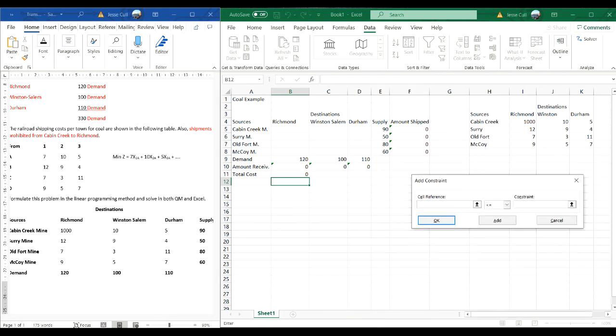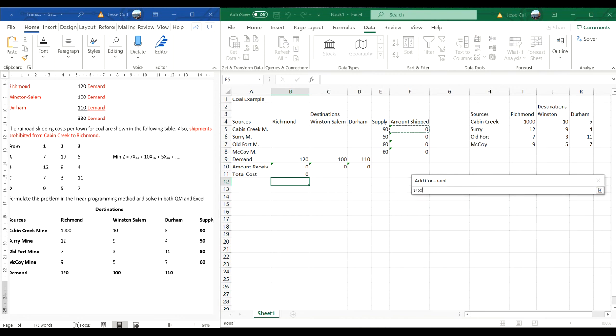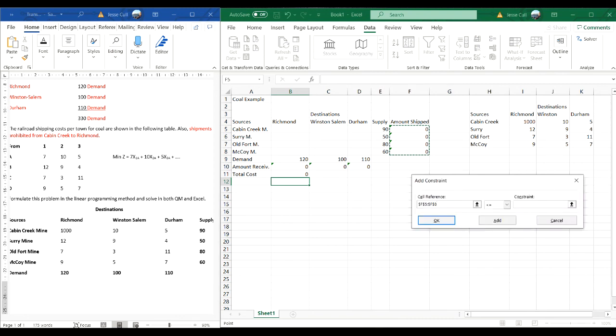The first constraint is the amount shipped. Now, in this situation, do we have more or less available for supply? We have less. So it must be less than or equal to the amount supplied.